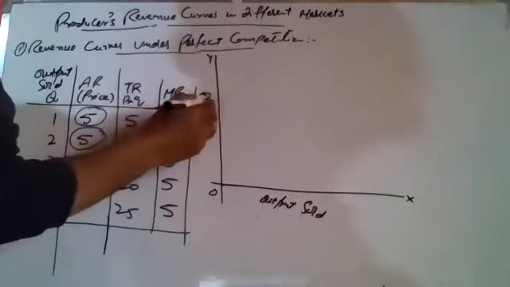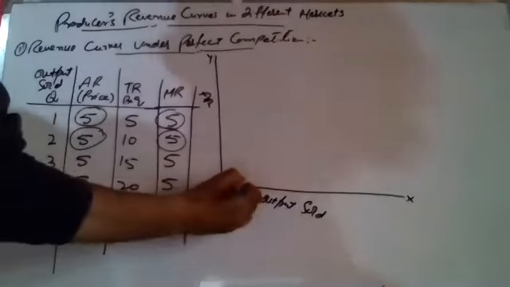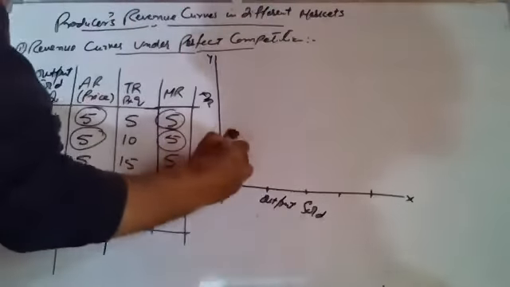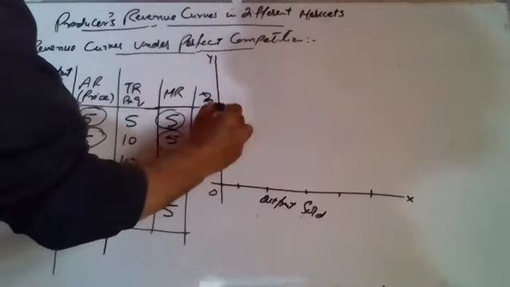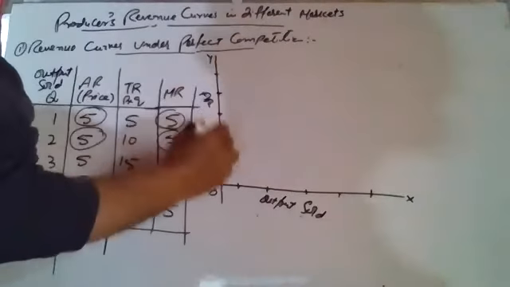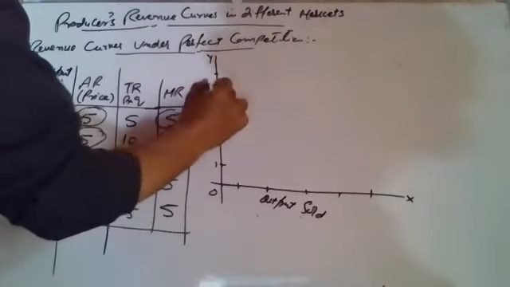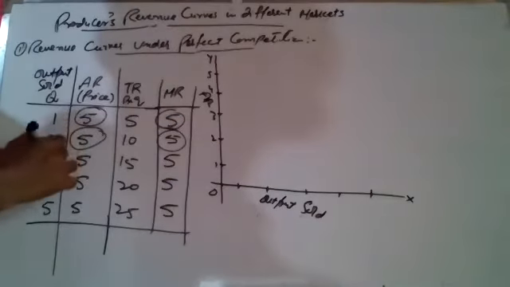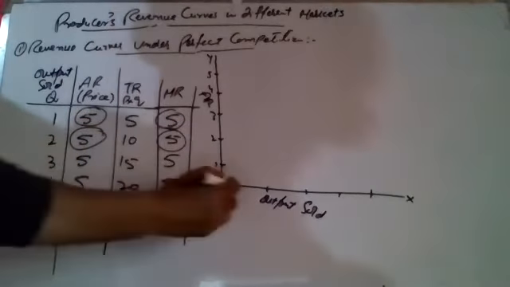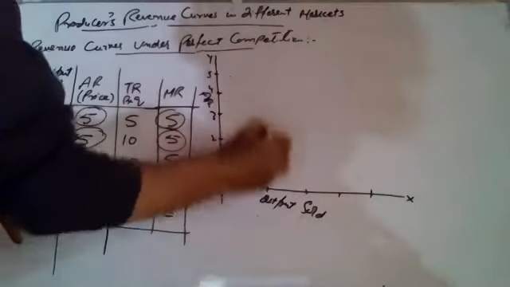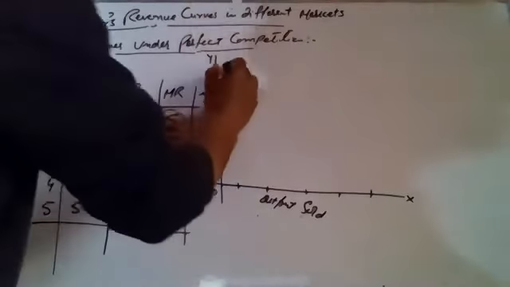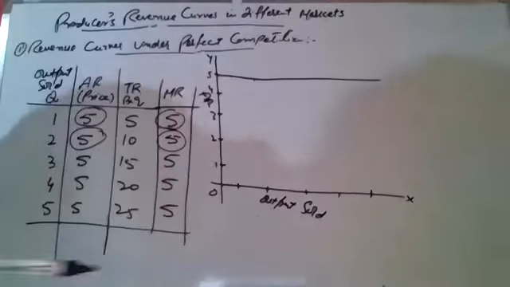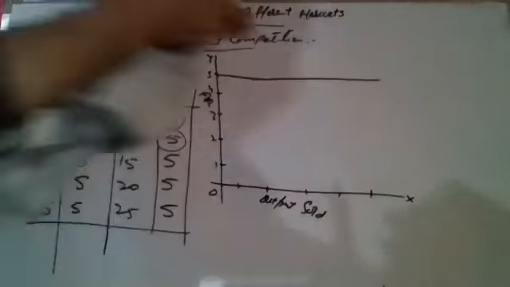This is average revenue, which is 5 for 1, 2, 3, 4, 5 units. So it will become a horizontal line, a horizontal line parallel to the x-axis.